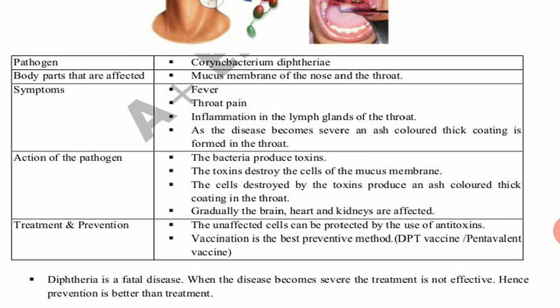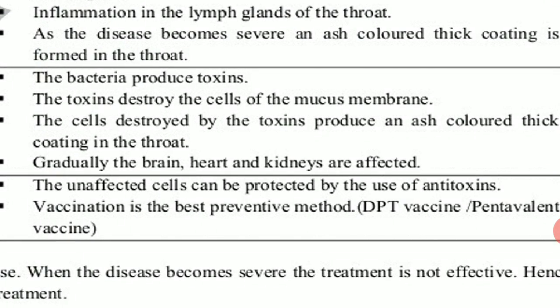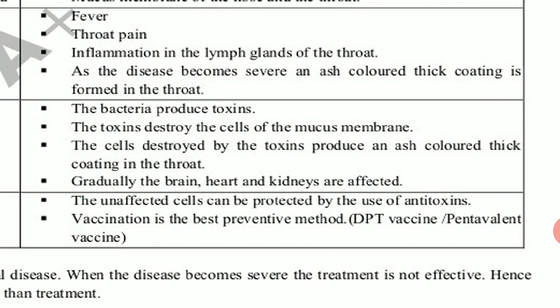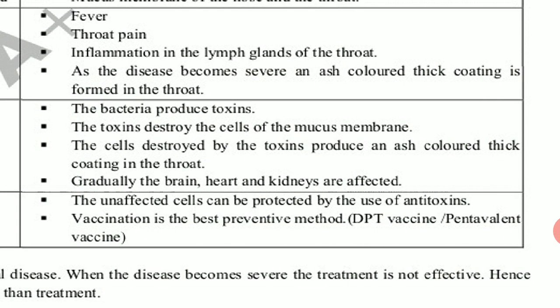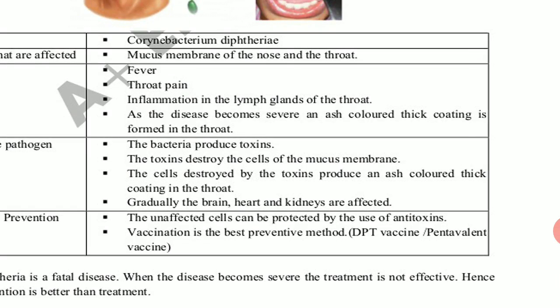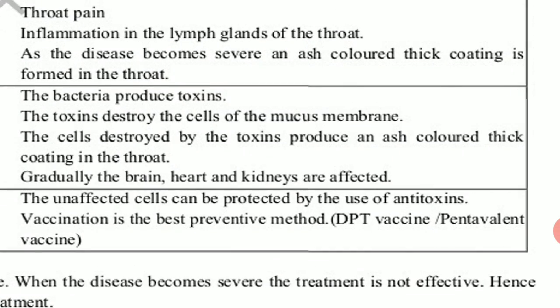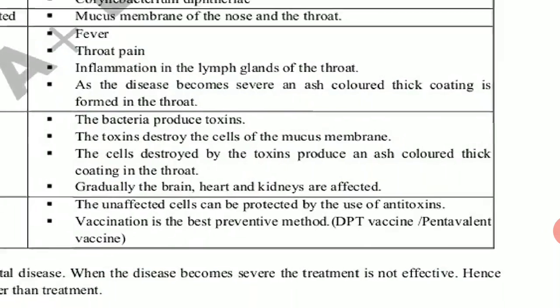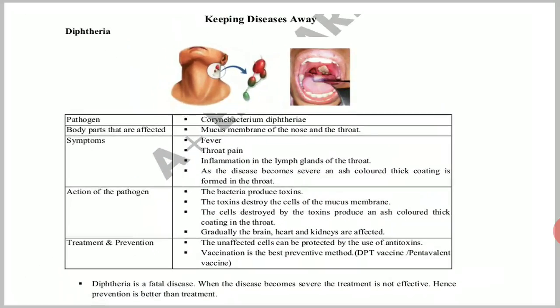Here the vaccine is DPT: diphtheria, pertussis and tetanus. Pertussis and tetanus also will be prevented by this vaccine. DPT vaccine is to prevent diphtheria. This is all about diphtheria.